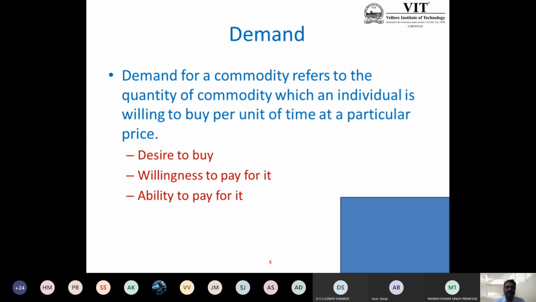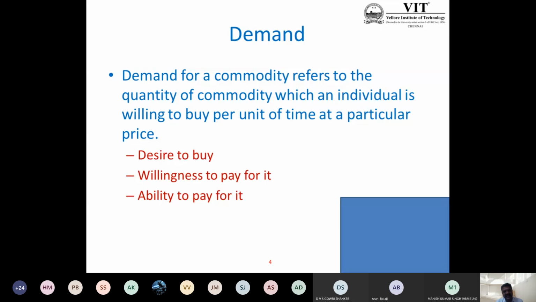No. So for a product to have a demand, the people in the market should have the desire to buy, the willingness to pay, and the ability to pay for it. If these three conditions are satisfied, then we say the product has demand in that particular market.